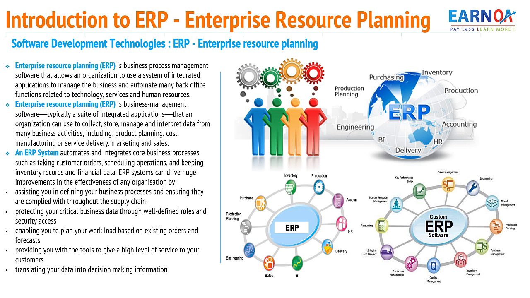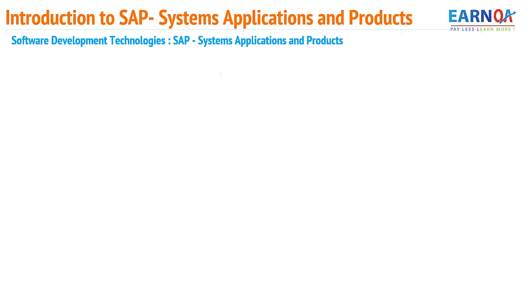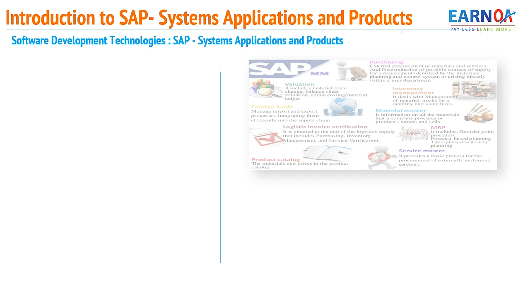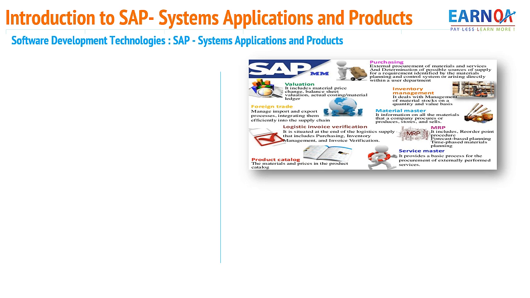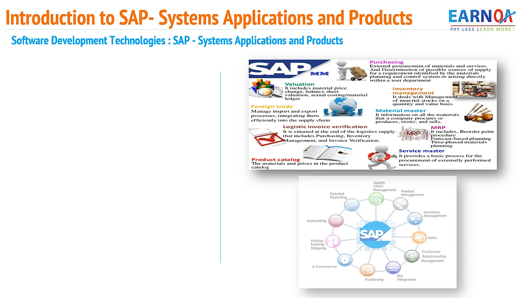Now let's go and see a similar kind of technology called SAP. What is SAP? SAP stands for Systems, Applications, and Products. As we already know about ERP, SAP is one of the technologies similar to ERP, where it helps us to maintain everything about the organization: product management, inventory, sales, customer relationship, purchasing, e-commerce, accounting, and detailed reporting of all the employees and supply chain systems.